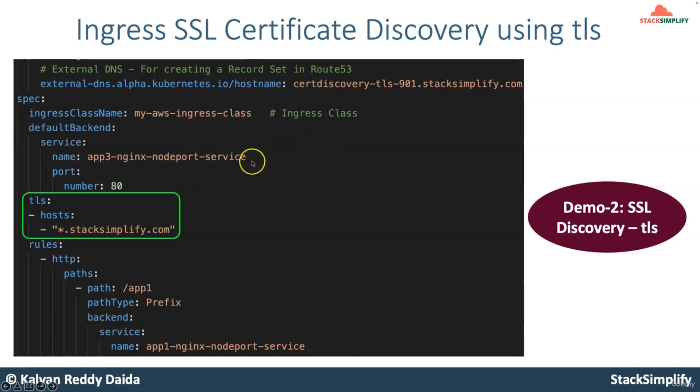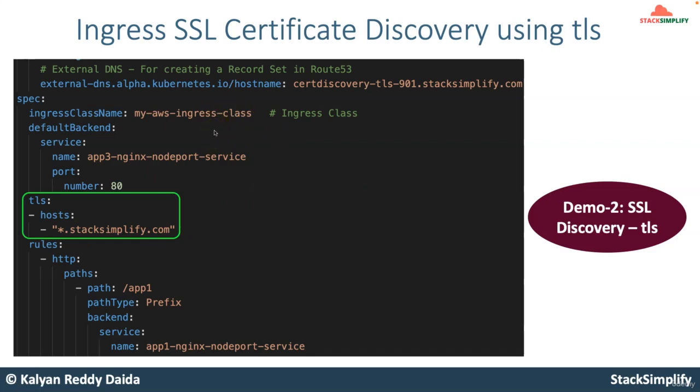So when you are using something other than host, and you want to auto detect your SSL certificate and associate it with your ingress service, which means with your application load balancer, you can also use this TLS option and provide TLS hosts with your host names here, star.stacksimplify.com. Automatically this related certificate will be associated with your ingress resource or service.